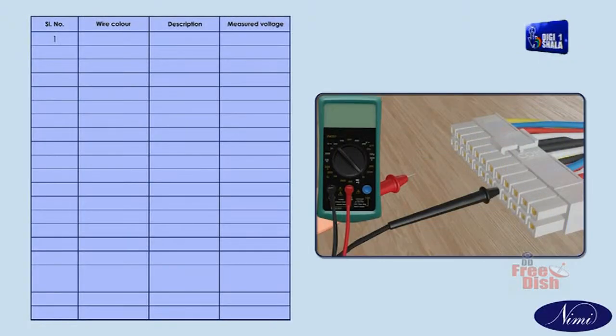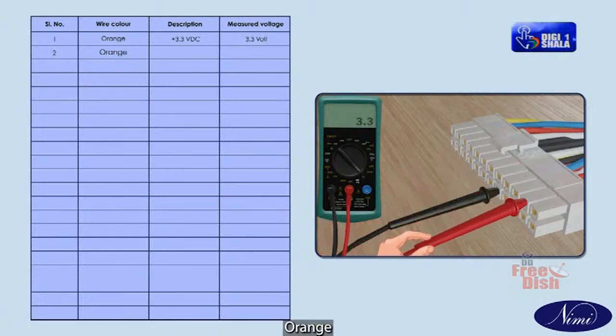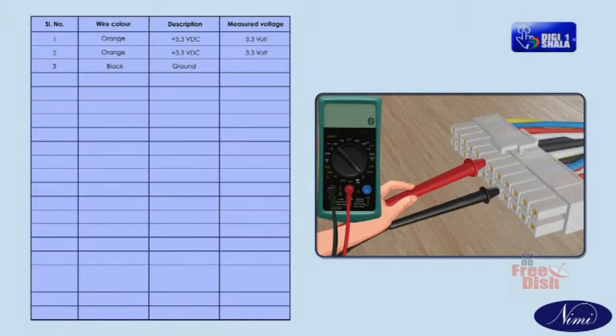Serial number 1. Wire color: orange. Description: plus 3.3 VDC. Measured voltage: 3.3 volt. Number 2. Orange. Plus 3.3 VDC. 3.3 volt. Number 3. Black. Ground: 0. 4.